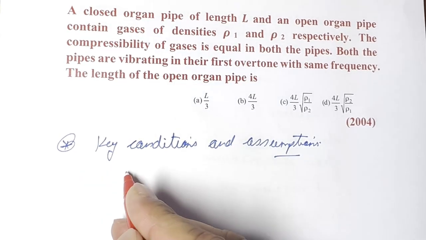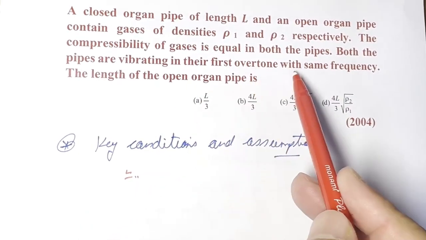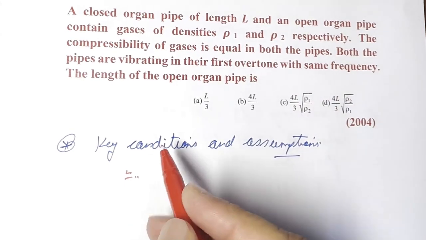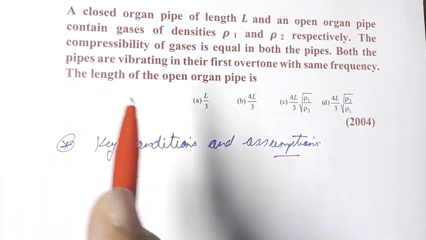First, it is given that both pipes are vibrating in their first overtone with same frequency. And remember, we have two pipes. One is open, another one is closed.